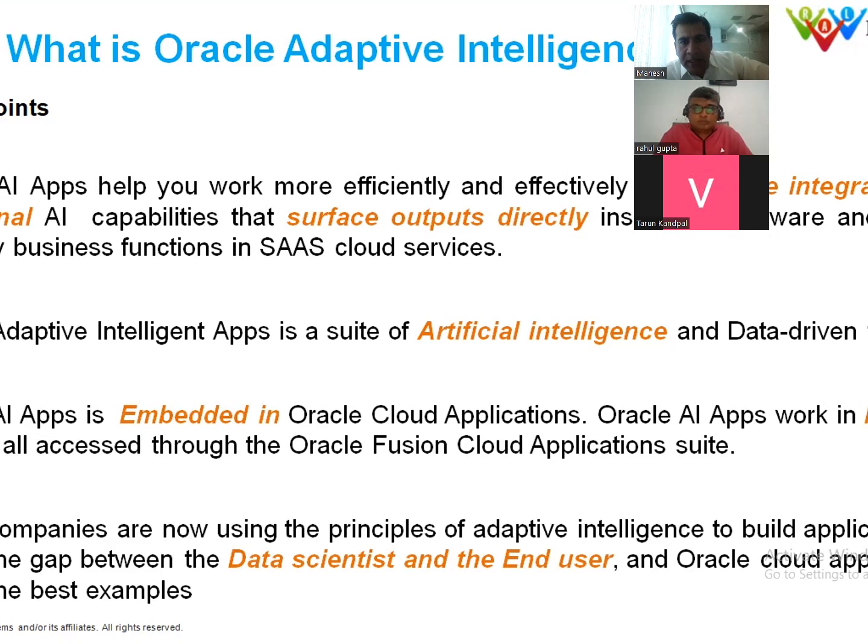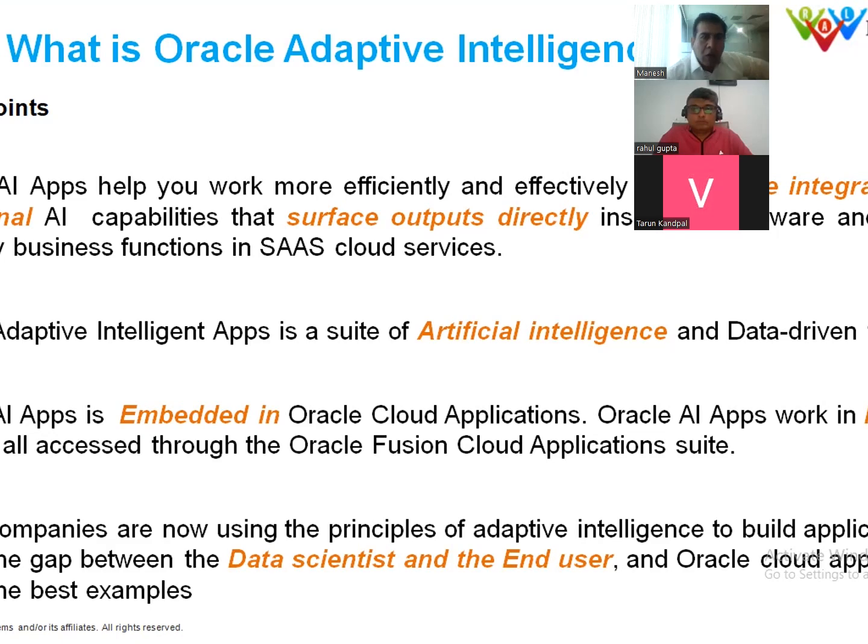So basically, we can say it's a suite of AI and data-driven features, which we call Oracle Adaptive Intelligence AI apps. It is embedded in Oracle Cloud applications and it works in real time, right? So this is something which you get from within the Oracle Cloud applications. Now, how is it helping the companies?